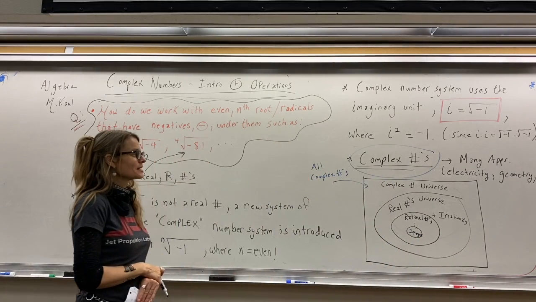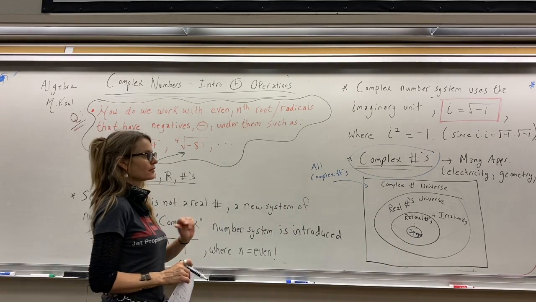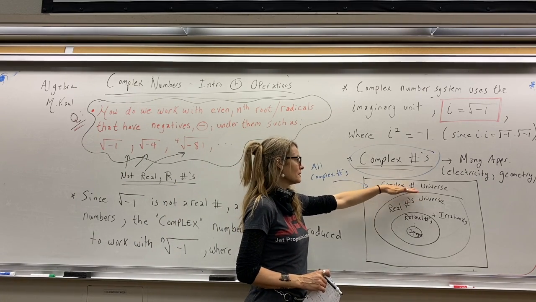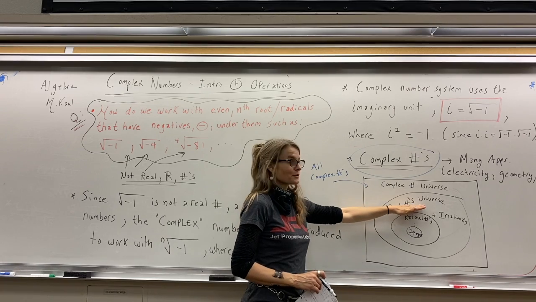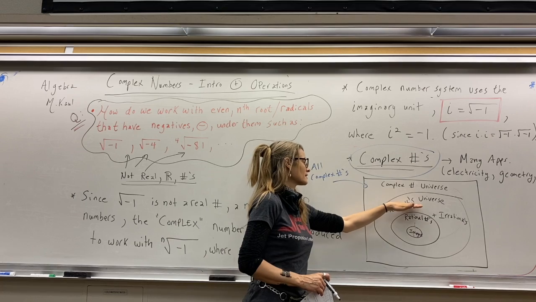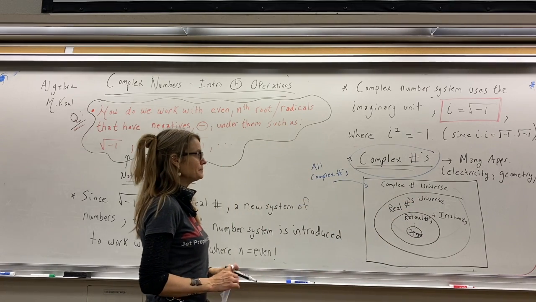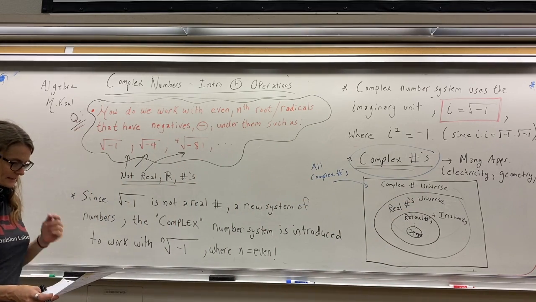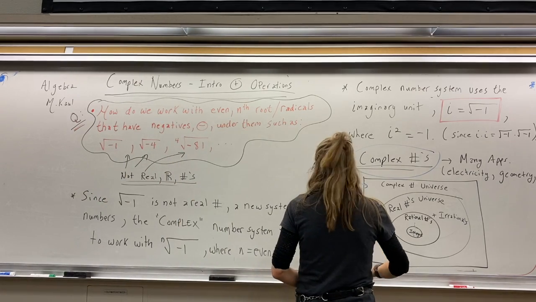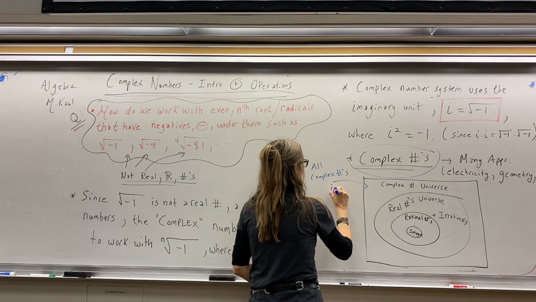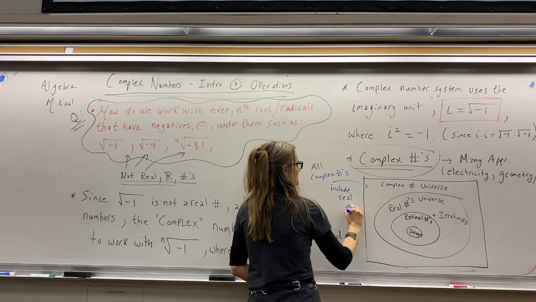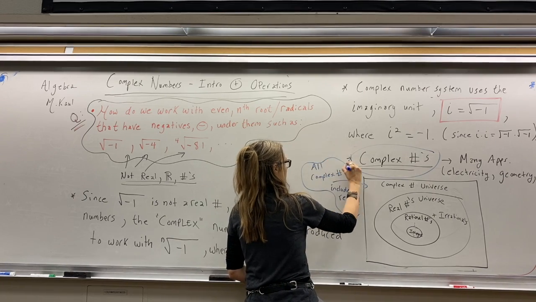So there's an infinite number of complex numbers, and there's an infinite number of real numbers contained inside the complex numbers, and there's an infinite number of rational numbers contained in the real number system, etc. So just to give you a general idea. So let's go ahead. All complex numbers include real numbers. I'm just going to emphasize that point here.